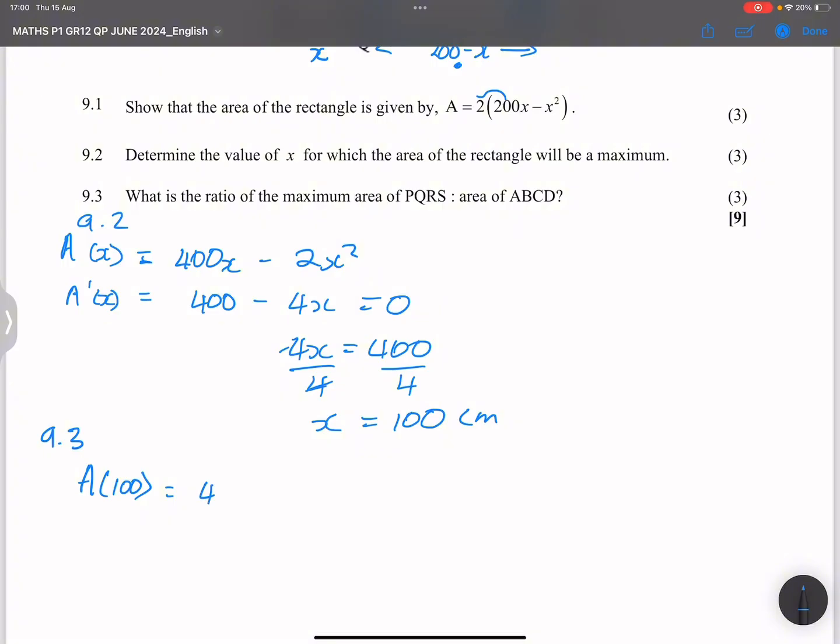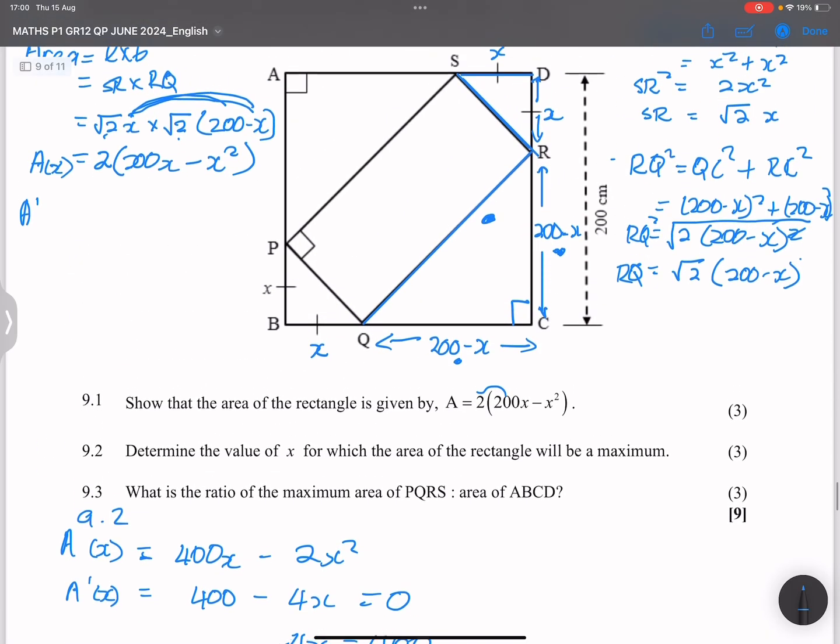That would be 400 times 100 minus 2 times 100 squared. Okay, so that would be 40,000 minus 20,000. That should be 20,000 cubic centimeters, rather square centimeters. That's the area. So this is the area of PQRS.